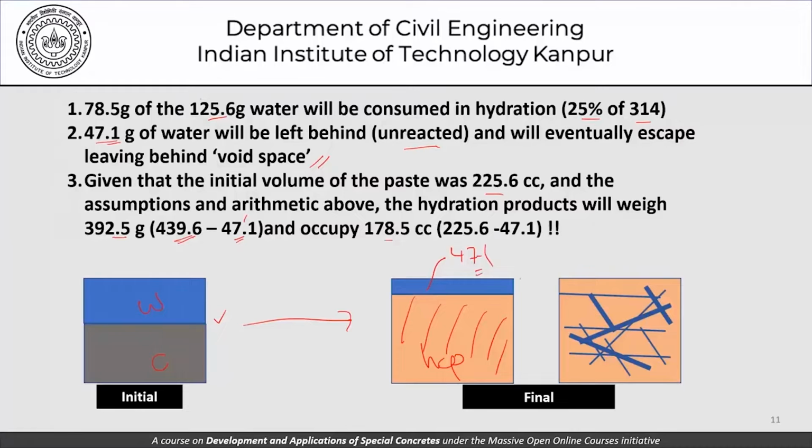Now, this amount of water is not necessarily sitting here and all of it will evaporate. No. For that matter, even this is just a model representation of cement particles surrounded by a certain amount of water.